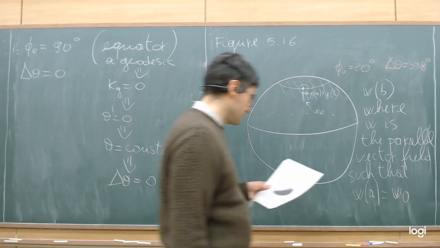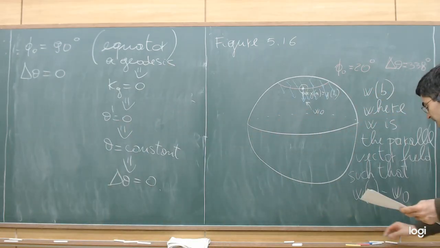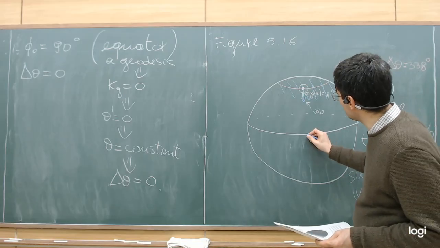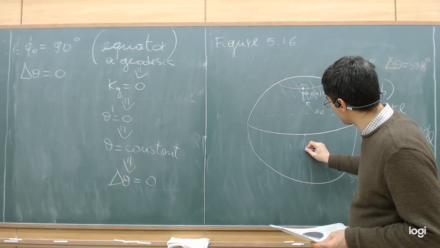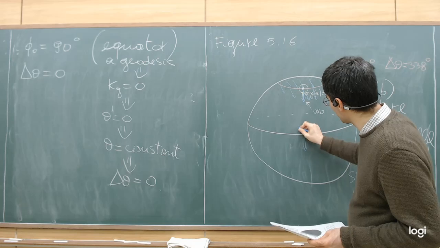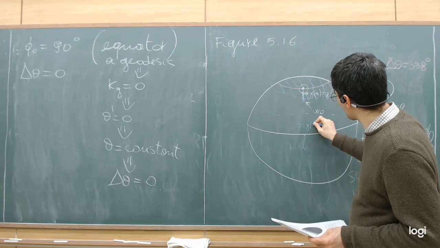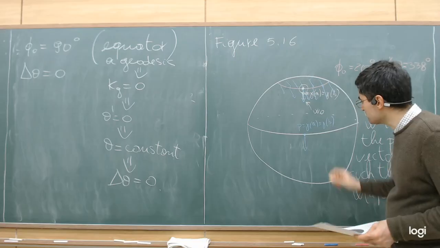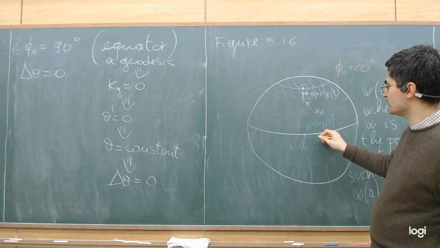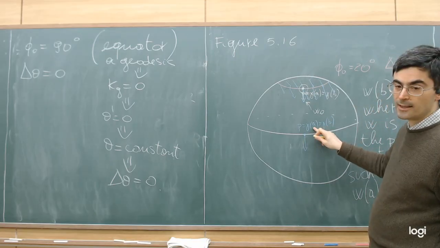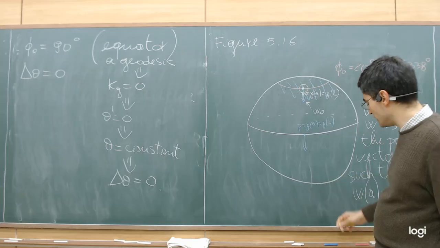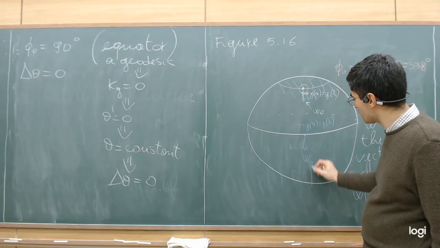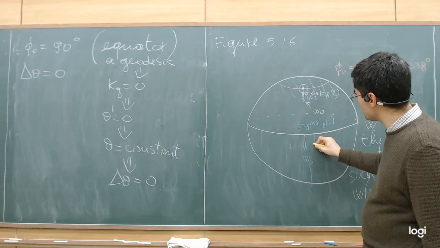If you try to make a picture in this case, you will get that if W0 is this vector here, then a parallel vector field which for t equal A coincides with W0 is this one.